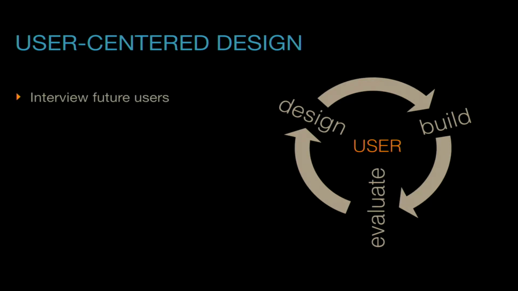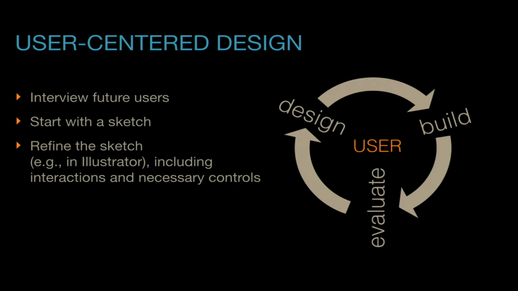So before you even start designing, you do some interviews with potential users, or people that are similar to who you think might be using it. Then you just start very loosely. You don't need to get too hung up on details right away, and figure out, do we even have a concept, a process that seems promising, that works? And you can get feedback right away from a user, even on these sketches.